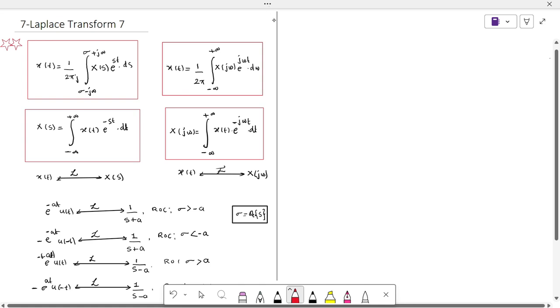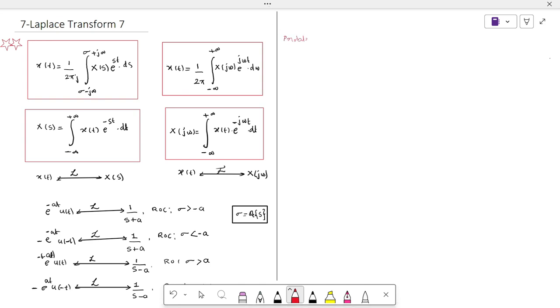The first one, problems. Here I am taking x of t equal to the sum of two exponentials: x of t equal to e power minus 2t into u of t plus e power minus 3t into u of t.